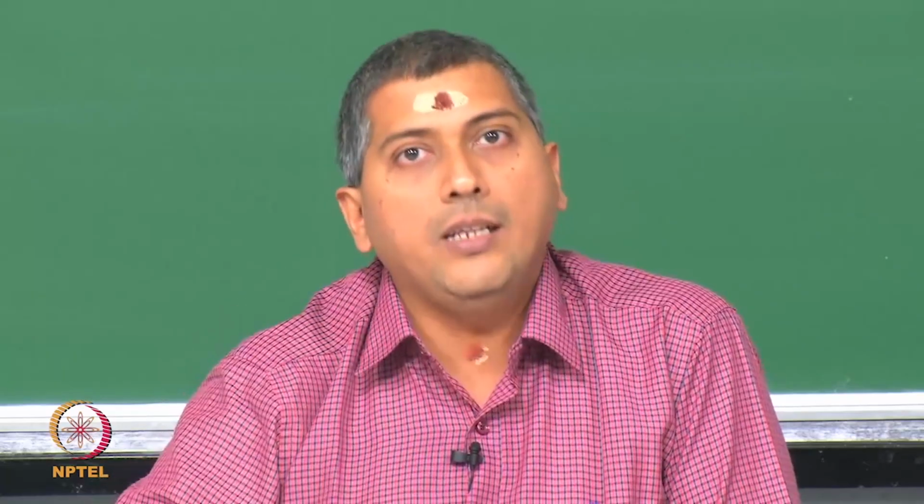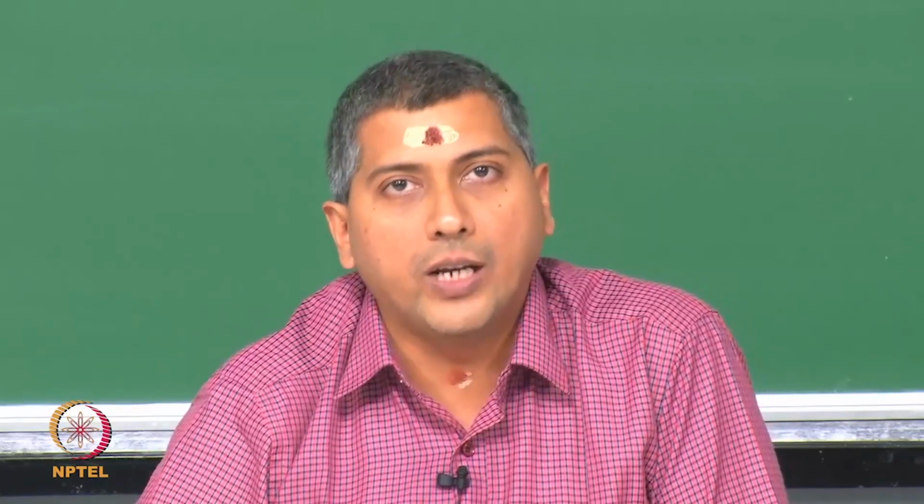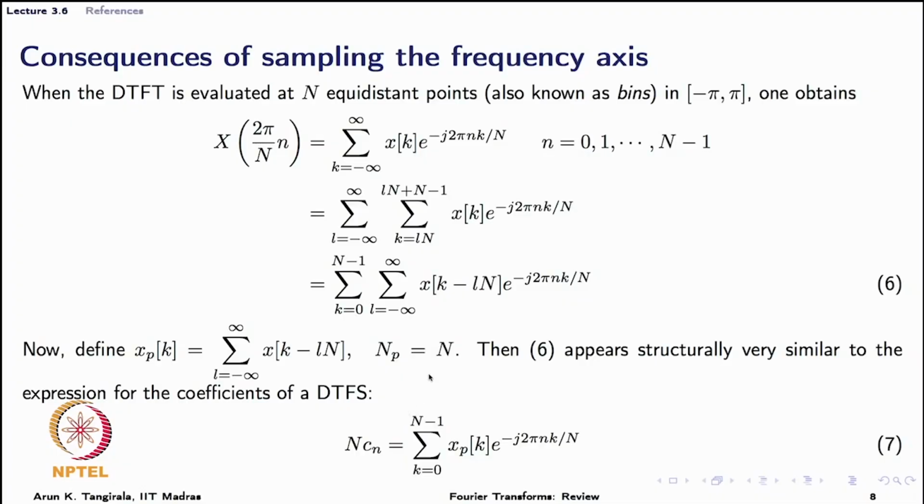When I am computing the coefficients of discrete time Fourier series, I use Cn. So, what I am showing you here for your comparison: replace this inner summation in equation 6 with x_p of k, and then compare with the expression that we have for n times Cn in the discrete time Fourier series expansion of x_p.